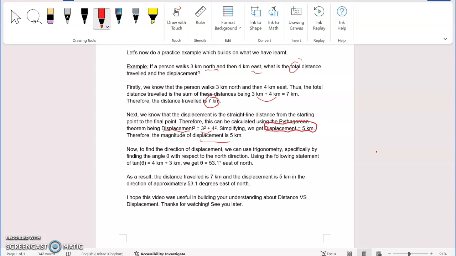Now, to find the direction of the displacement, we can use trig, specifically by finding the angle theta with respect to the north direction. Using the following statement of tan theta equals 4 kilometers divided by 3 kilometers, we get theta equal to 53.1 degrees east of north. This comes from the following diagram, which I'll draw here.